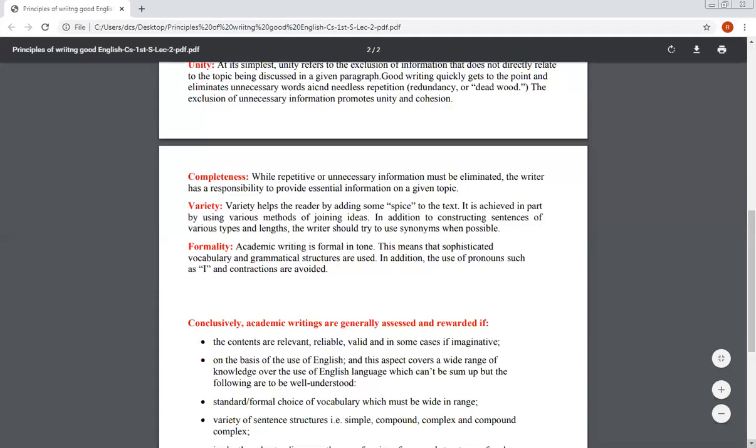It means that sophisticated vocabulary and grammatical structures are used, and in addition, the use of pronouns such as I and contractions are avoided. In formal writings, mainly, we don't prefer using I, and contractions are meant for using incomplete expressions.